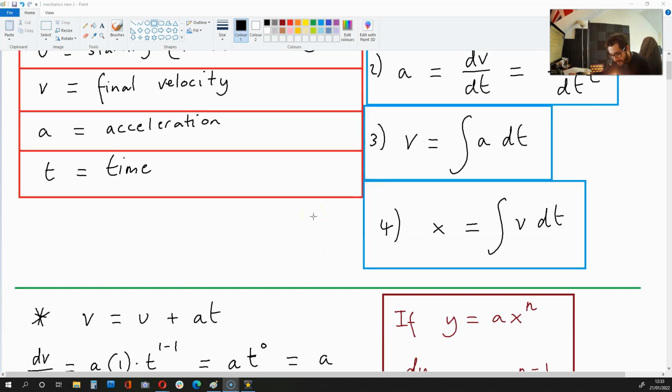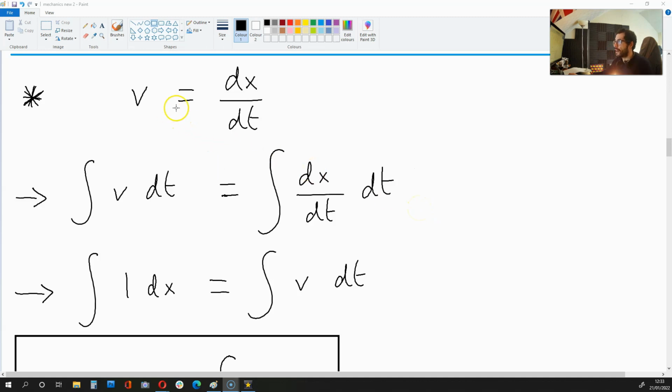Now finally, let's show that to obtain the displacement from the velocity, you integrate with respect to time. Over here we have v is dx over dt. If we integrate both sides of this equation with respect to time, we get this over here.